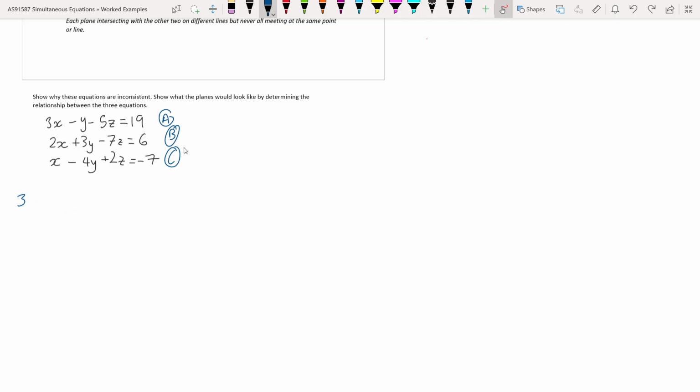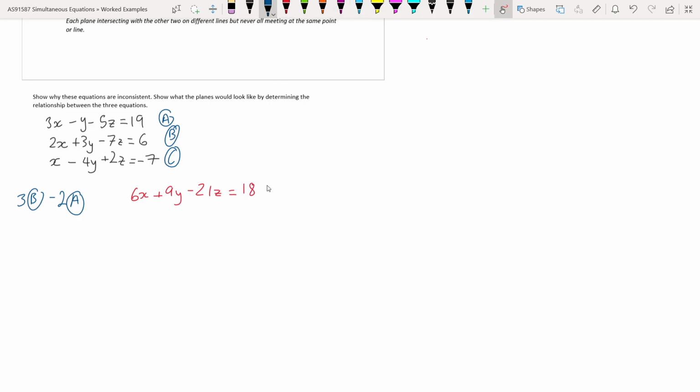So as I said, I'm going to go for 3 amount of b, subtract 2 amount of a. So I'm going to write in this 3 amount of b, that is 6x, that is 9y, and it is negative 21z. Remember, if you're stuck, please use your calculator. 3 6's are 18.